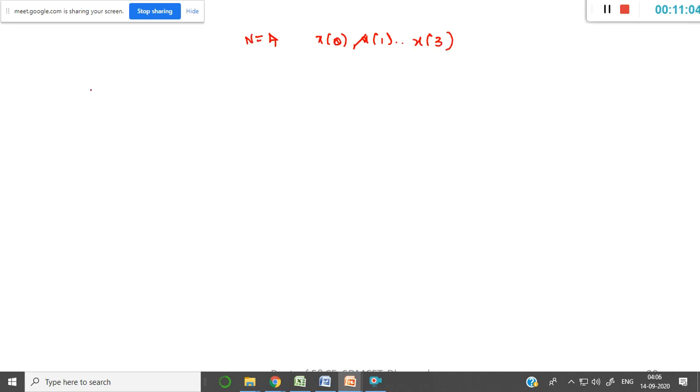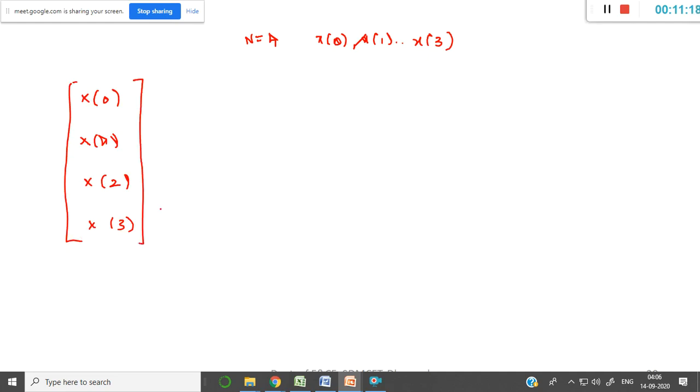And now I am trying to calculate the 4-point DFT. So that is where x of 0, x of 1, x of 2, x of 3. Fine. So this is the matrix for the 4-point DFT, where k equals 0 to 3, right?